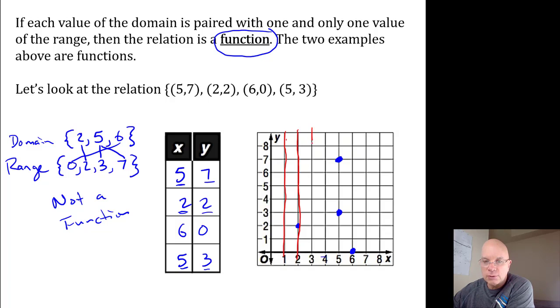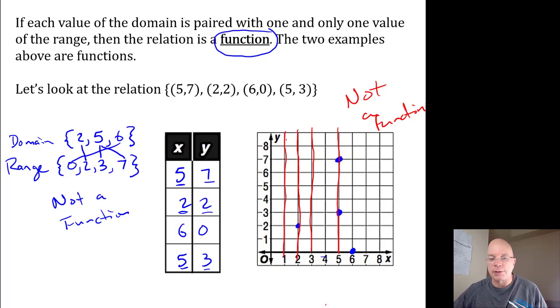That's fine. It can intersect 1 point or no points. But as soon as it intersects more than 1 point, then it's not a function, because we've failed that test of having the input mapped to one and only one value of the output. So if you can draw a vertical line that goes through more than 1 point, you've ruled out that it's a function. It cannot be a function.